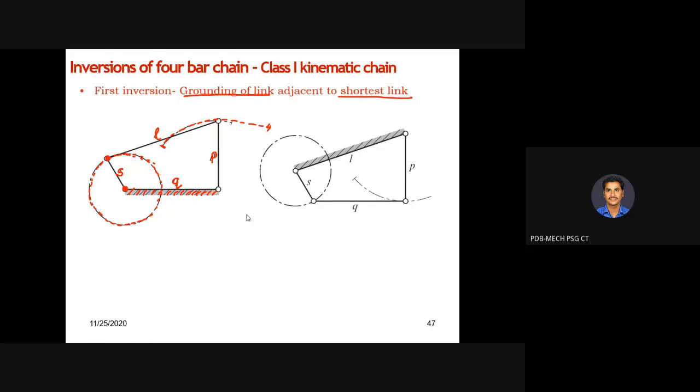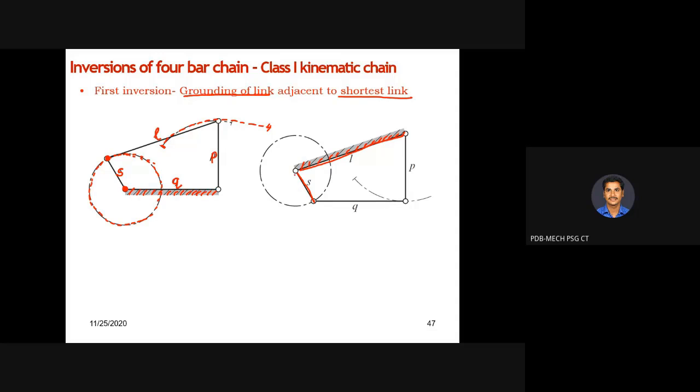This is the second inversion. Second inversion is again grounding of a link adjacent to the shortest link. Earlier we fixed Q. Now L is also a link adjacent to the shortest link, so L is fixed now.